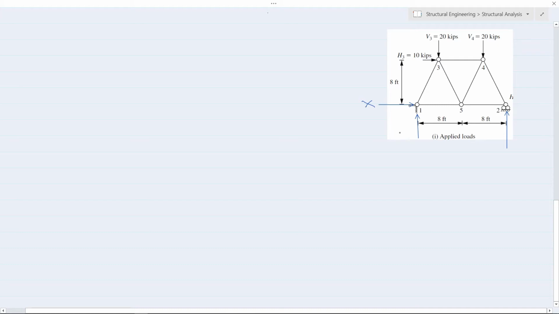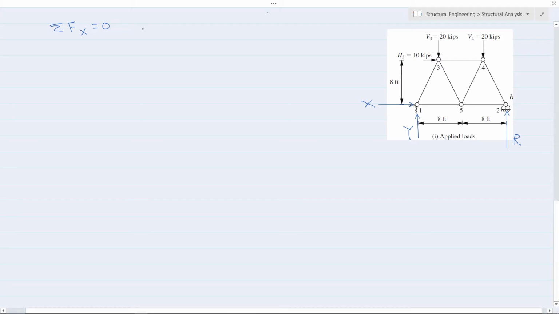Let this be X, this be Y, and this be R. If we want to know the unknowns, we have to apply simple equations. Sigma Fx equals to 0. That means all the forces which are acting along the x-axis, their sum should be 0. The force which is acting along the positive x-axis is here, X. The other one which is also acting is here, that is H3.